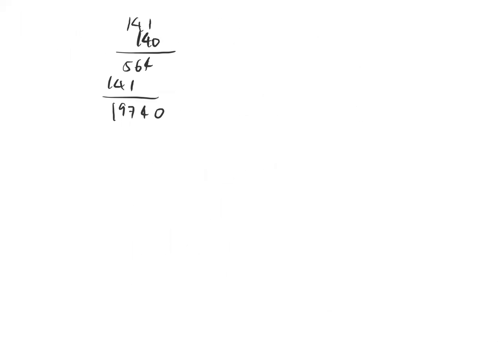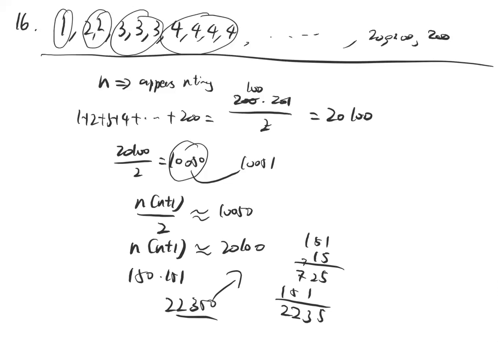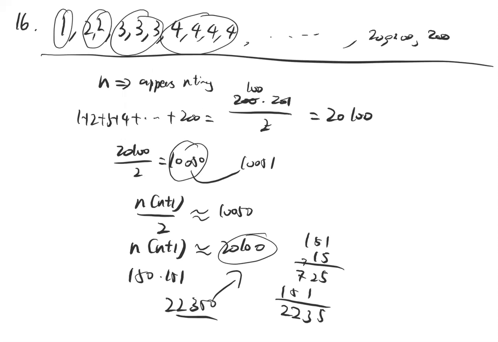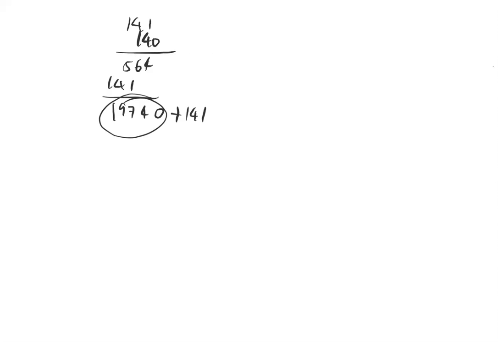If we look at this number, 20100, and this number, 19740, we immediately know that after the last 140 is written, we move on to 141, and we just want to keep adding until we reach the point of 20100.